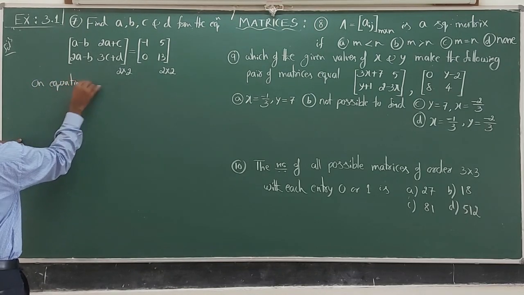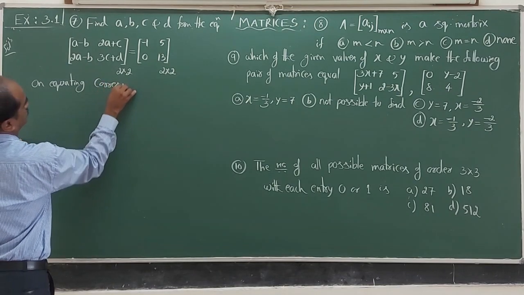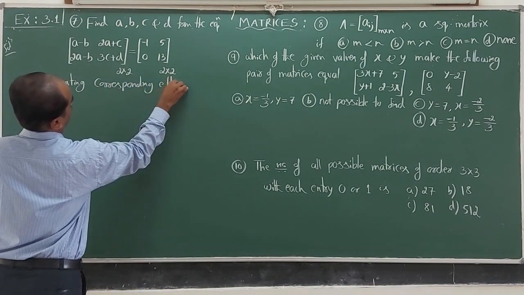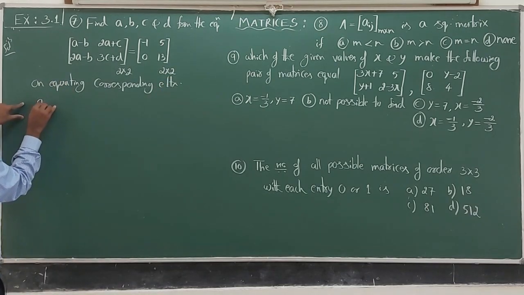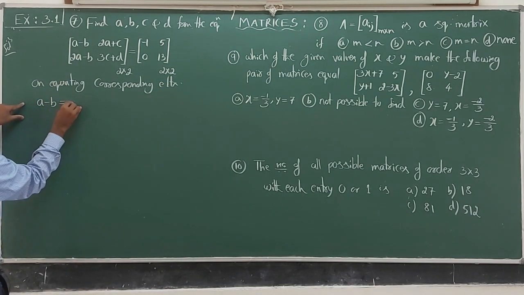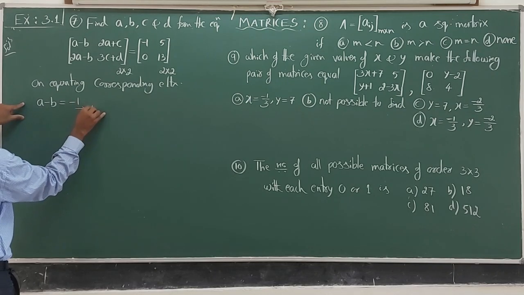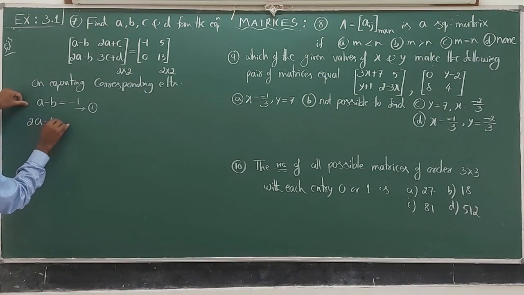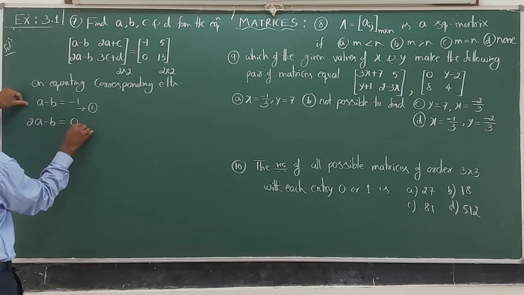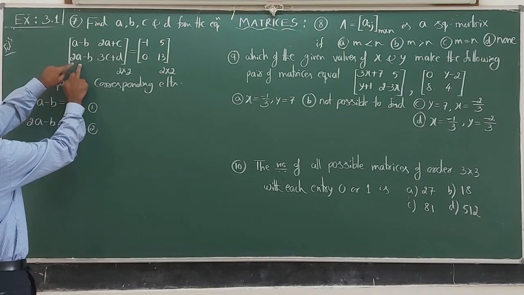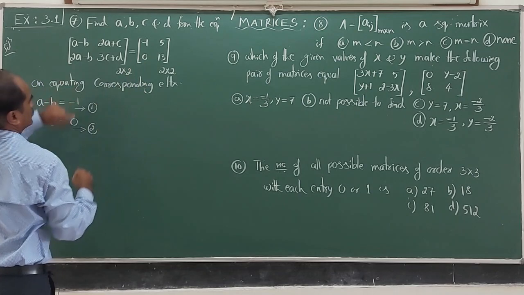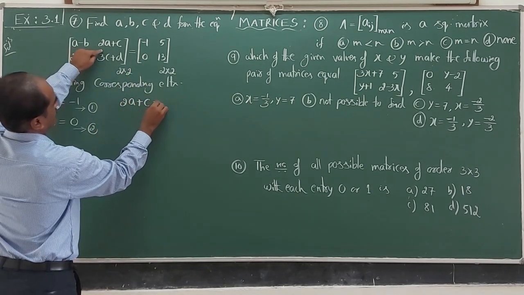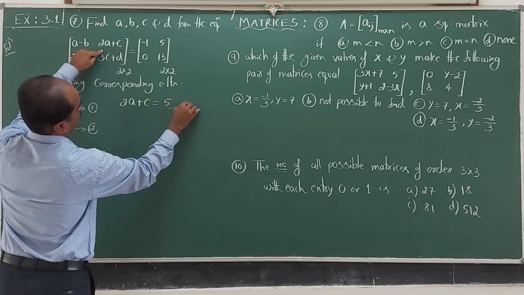So on equating corresponding elements, we get a minus b equal to minus 1, 2a minus b equal to 0. To this element, the corresponding element is 0. 2a plus c is equal to 5.